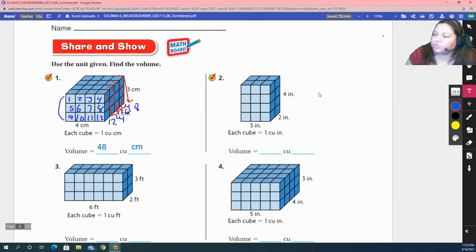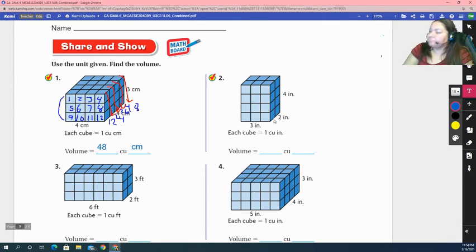So let's look at number 2. Number 2 might be a little easier because we only have 2 cubes in width. So we have length 3: 1, 2, 3. And then we have 2 inches in width, 1, 2. And then it's 1, 2, 3, 4 inches in height, how high it is, right?